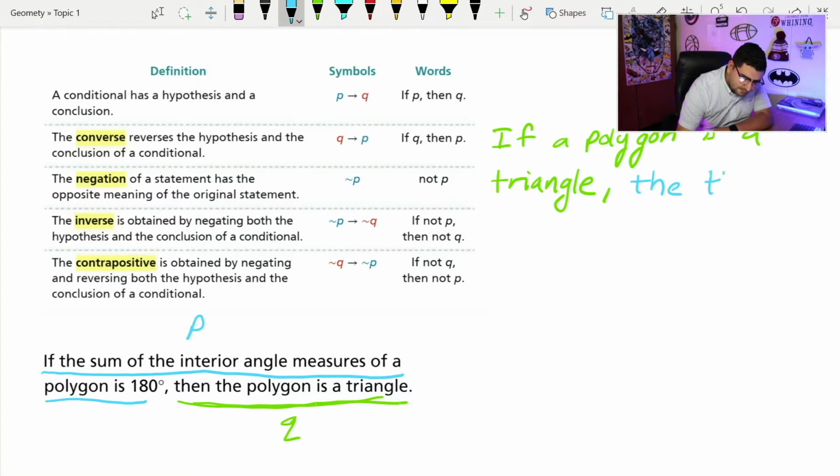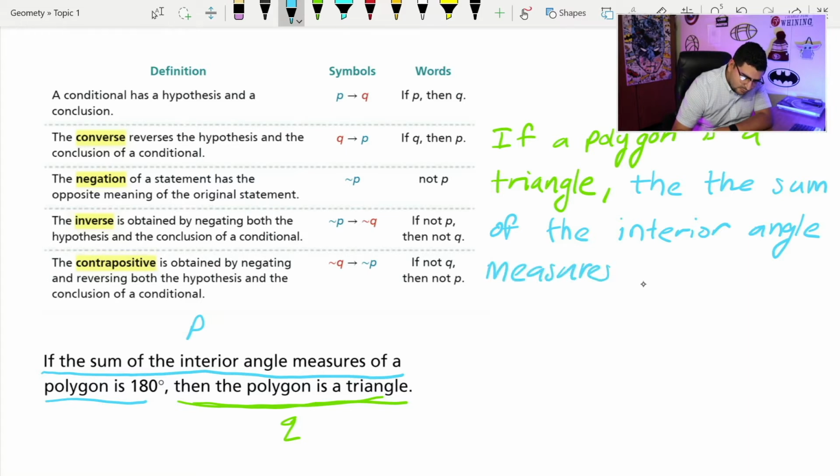Then the sum of the interior angle measures is 180. So that's what switching it up would do. That's what the converse is. The converse essentially puts the conclusion before the hypothesis.